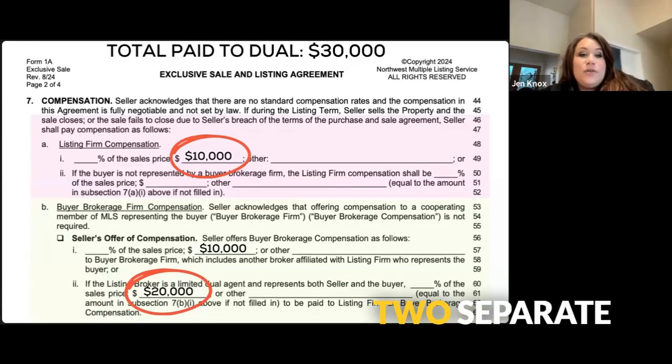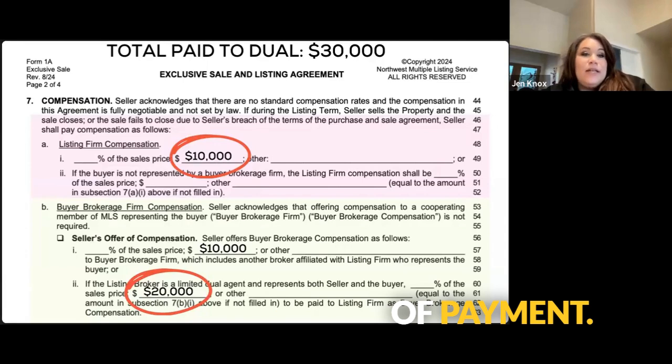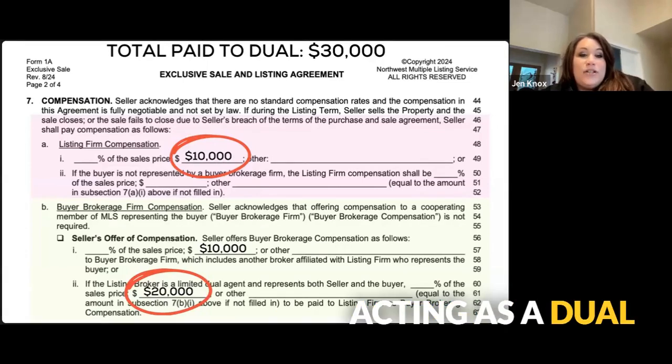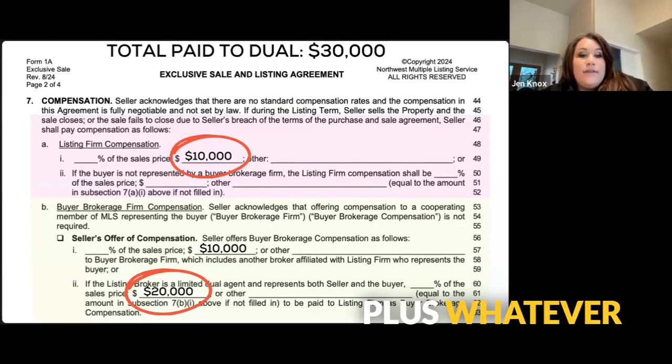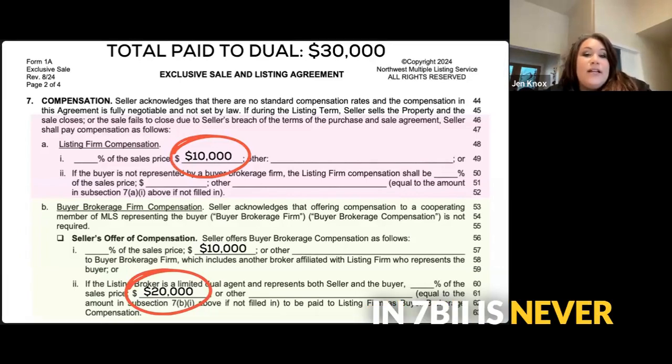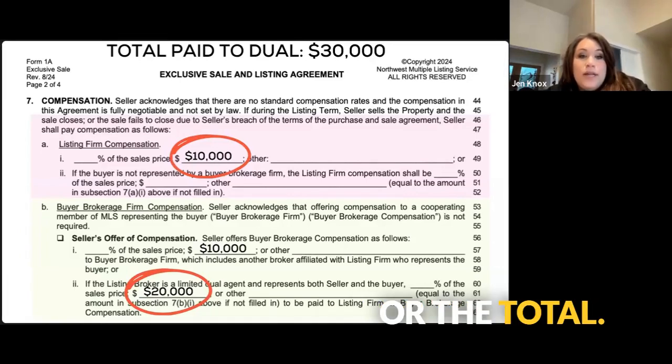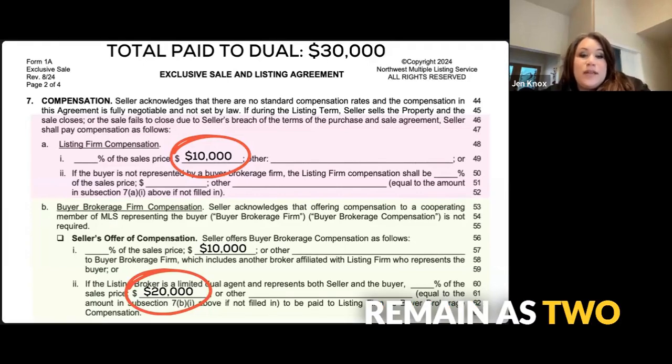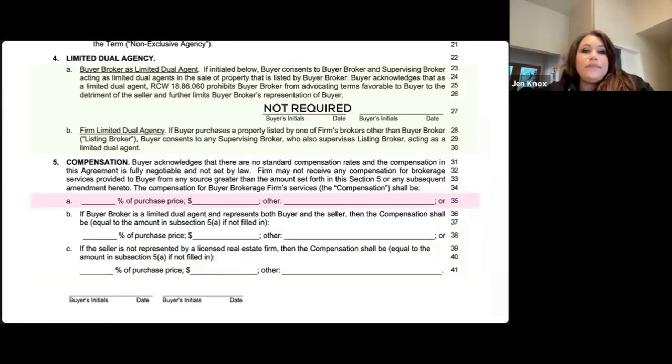This is actually two separate columns of payment. So if you are acting as a dual agent, it's going to be the listing compensation plus whatever you put in for the dual agency. The dual agent compensation in 7B II is never going to be the combination or the total. It will always remain as two separate pieces.